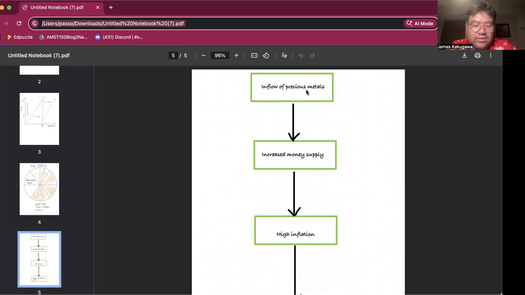It's a linear flow chart of how the inflationary mechanism of the resource curse happens.